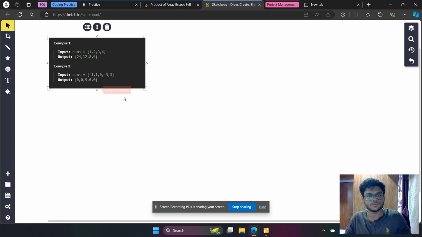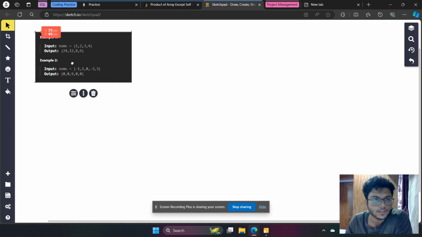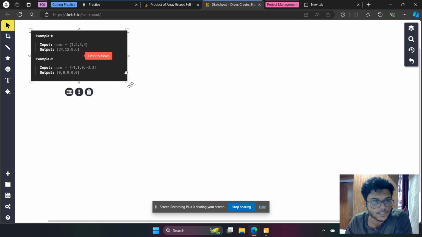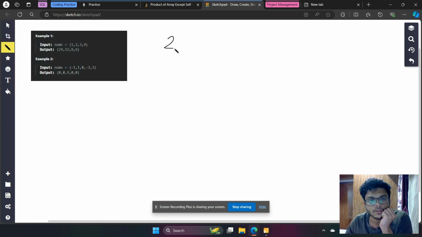Right, this is our array and our example test cases. So one way of looking at this is, what if we multiply the whole array at once? The multiplication of the whole array is 24, since 1 times 2 times 3 times 4 is 24.